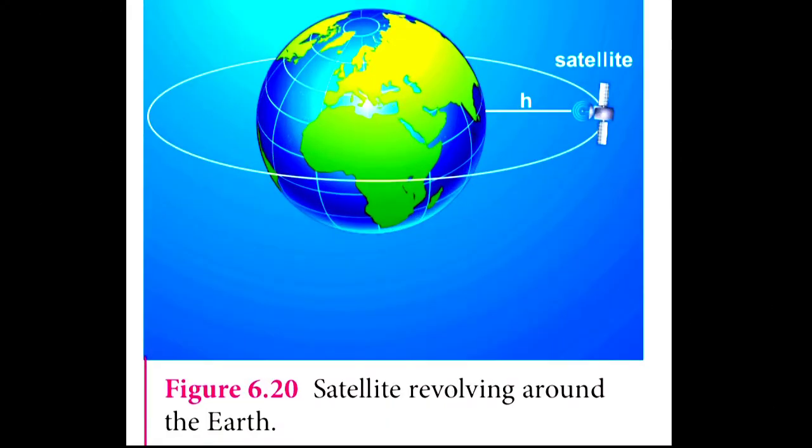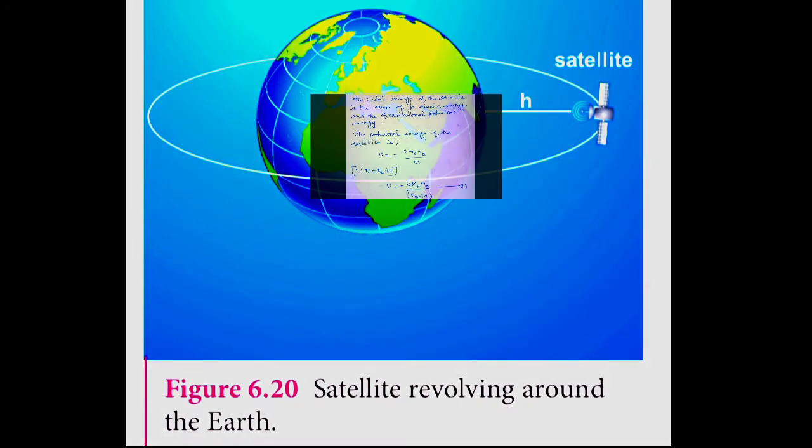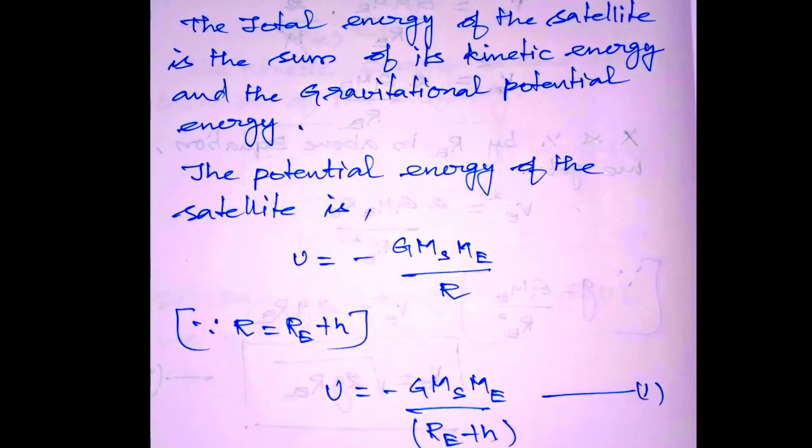Students, see this diagram. It represents the satellite revolving around the earth in its orbit at a certain distance above the earth surface. In this orbiting satellite we are going to find the energy, taking the kinetic energy and the gravitational potential energy. First we calculate the potential energy of the satellite.